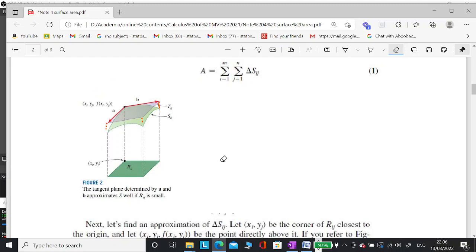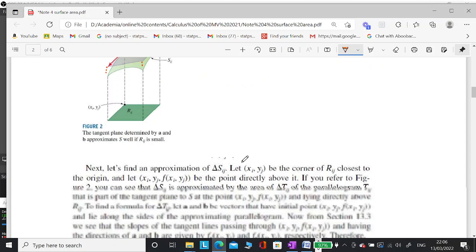If we denote this small portion as Sij, we express its area as delta Sij. Then the entire area is the sum over i equal to 1 to m, and j equal to 1 to n, of delta Sij. Now how do we approximate this?